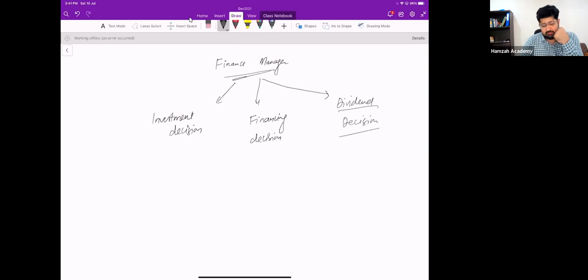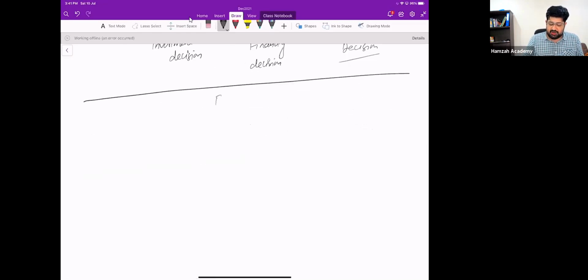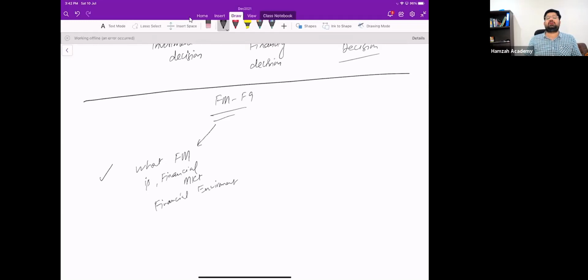A finance manager. So in our financial management syllabus, in our F9, we can start with what financial management is, financial markets, and the financial environment for business. So this is the first thing.